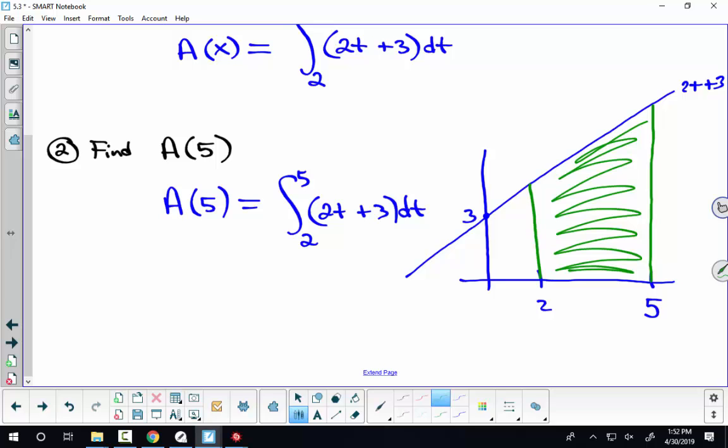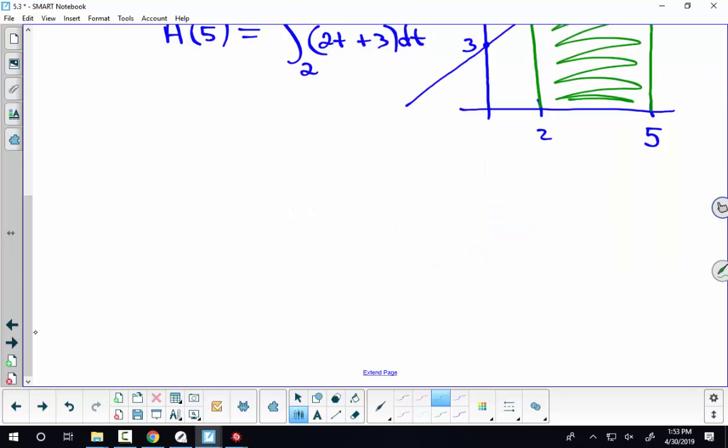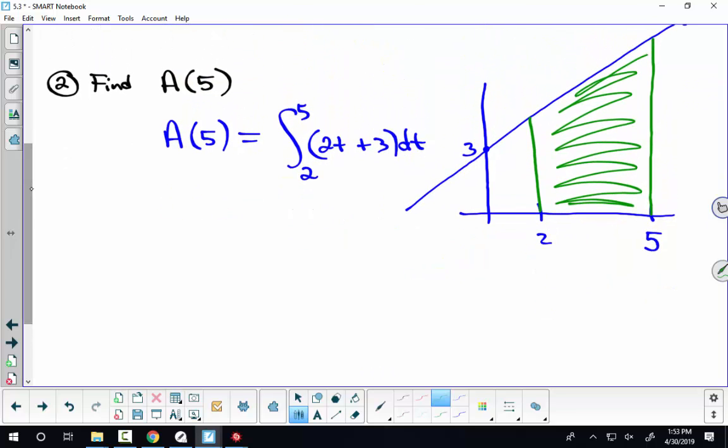Do I know the area of that figure? Well, we did an example like this in class the other day. Area is half of the base. Oops. The area of that figure, half of the base times the sum of the parallel sides.